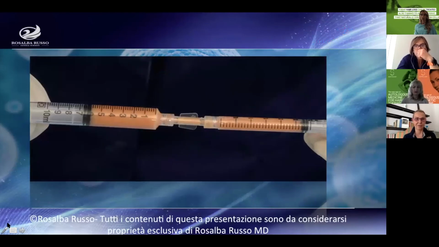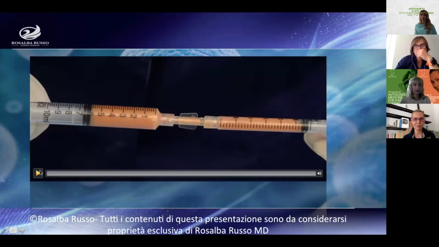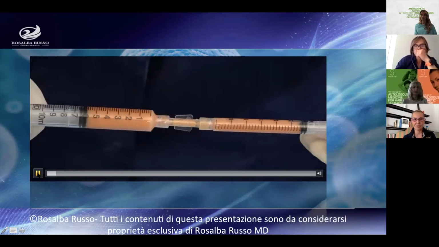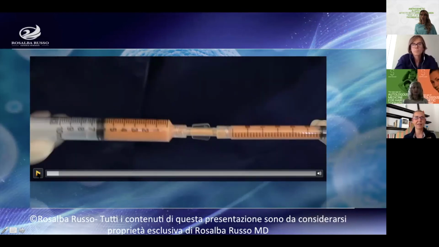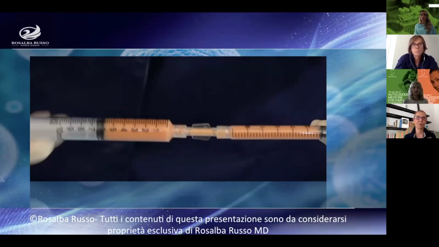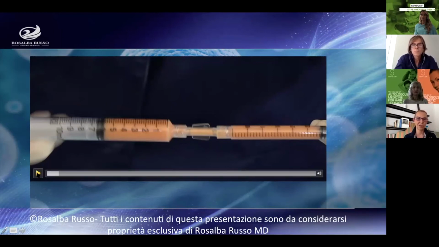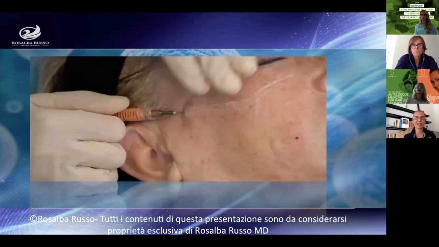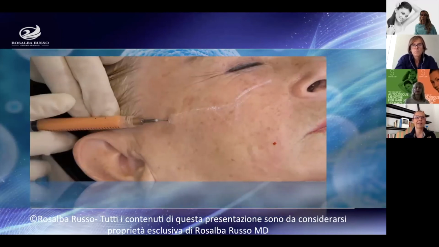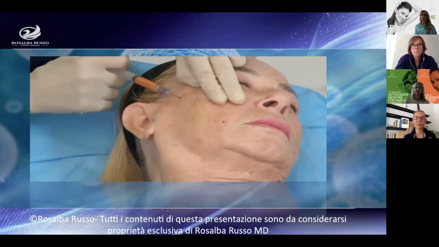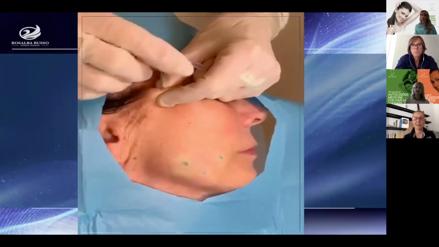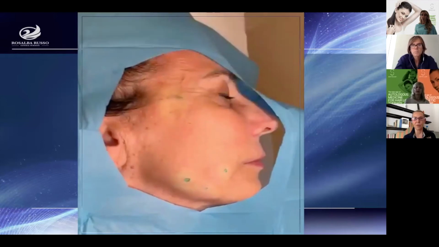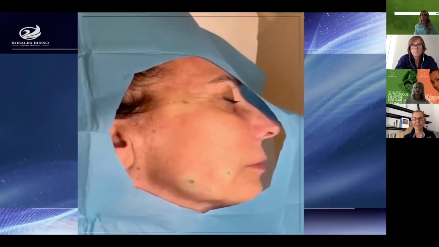Then here you can see the patient that I treated with SEFFILLER. First, we must extract the adipose tissue, the adipose cells, with the cannula present in the kit, and then you improve the area with a cannula.